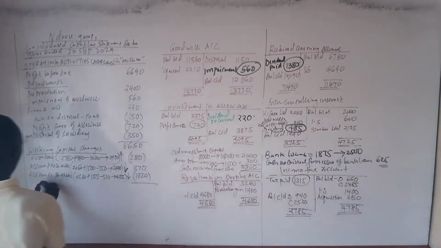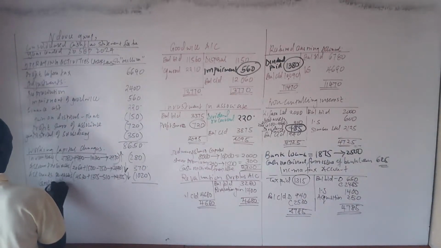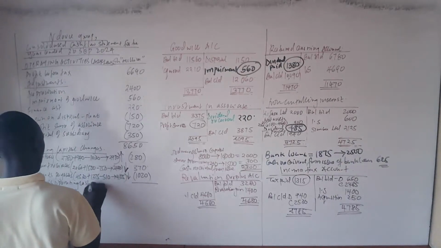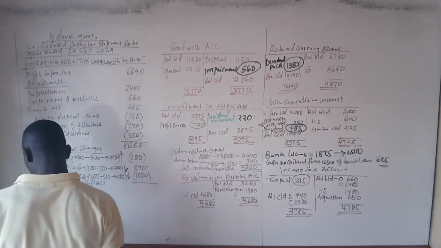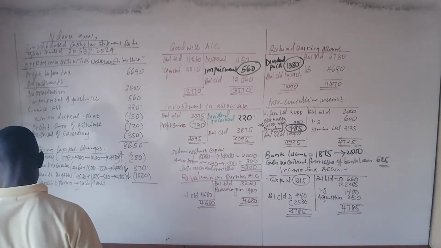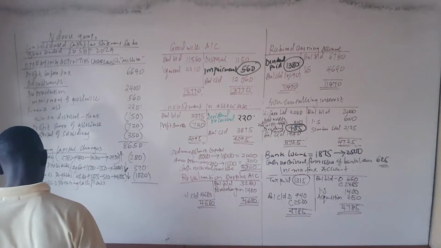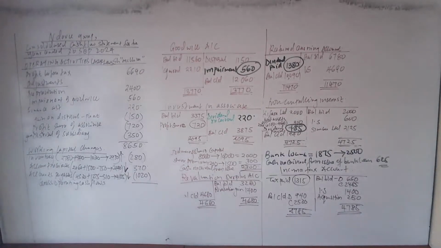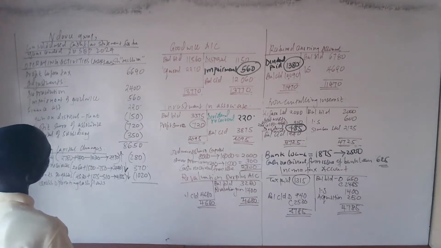Then from there we will get the gross operating cash flows of 8650 minus 280 plus 370. So how did you arrive at this 150?